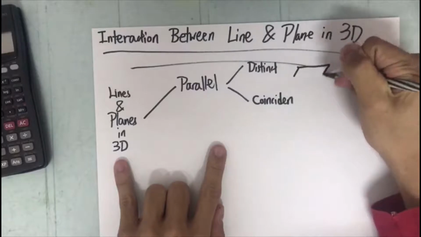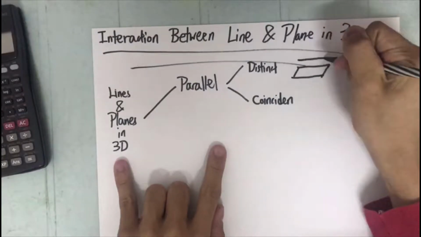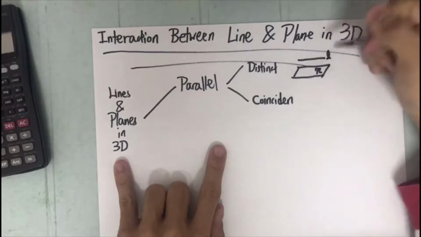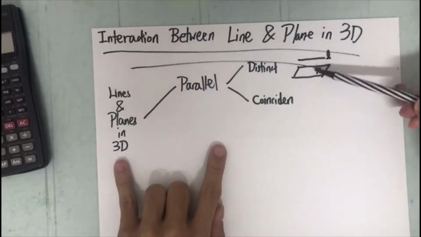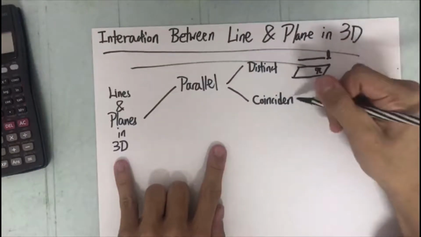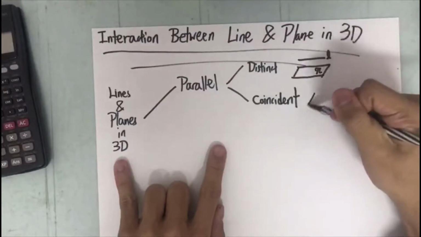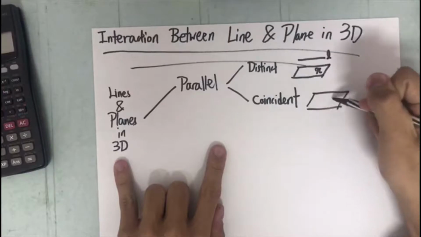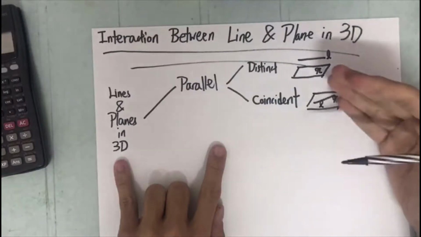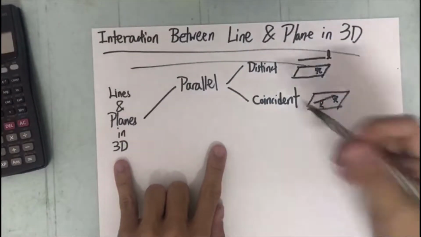Distinct means this is the plane and this is the line. I call this plane pi and I call this line L. They do not share any point. They are distinct, separated. And for coincident, this is the plane, I call it pi again, and this is the line L. The line lies on the plane.